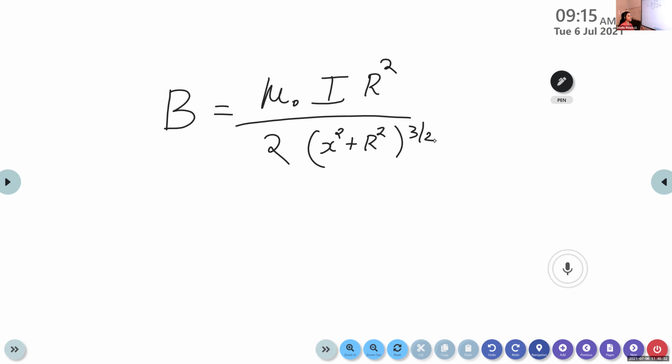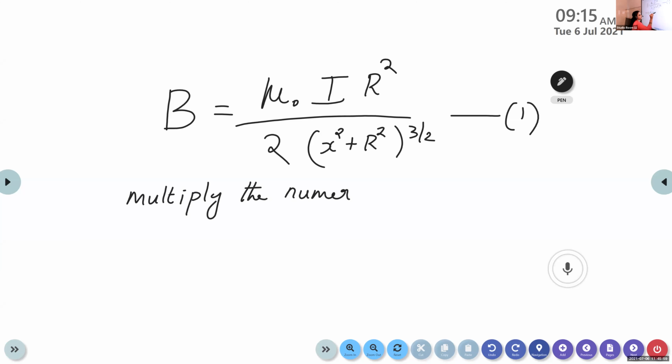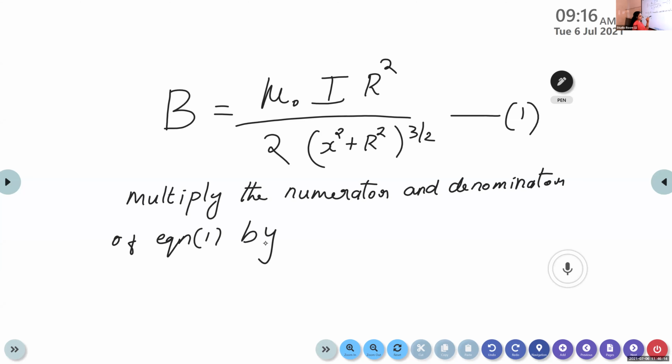Now multiply the numerator and the denominator of equation 1 by pi.